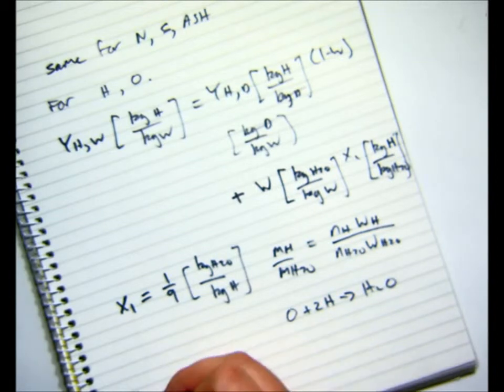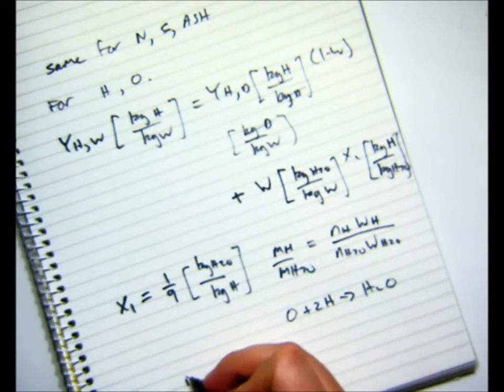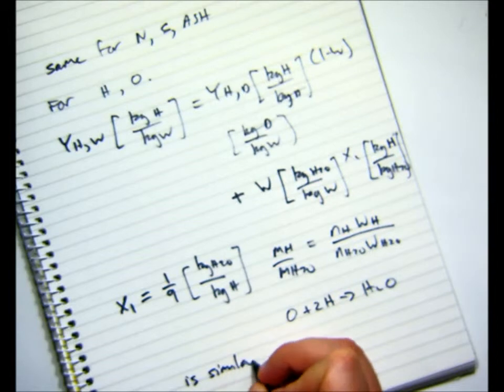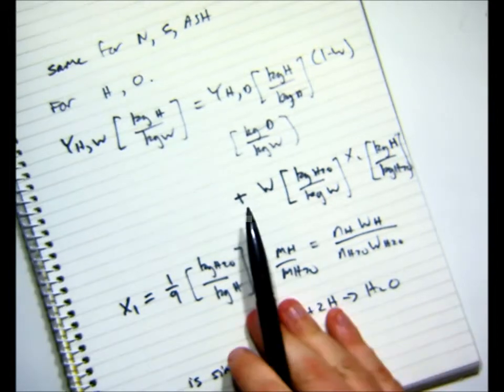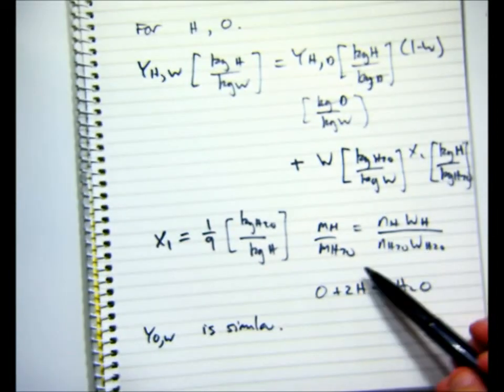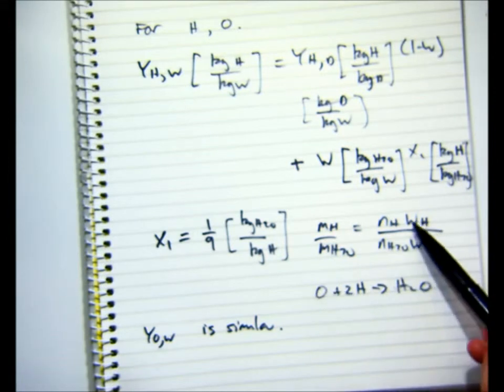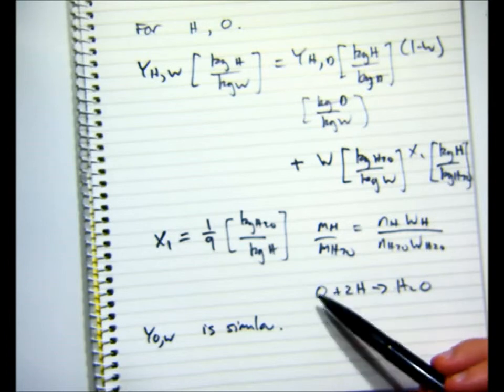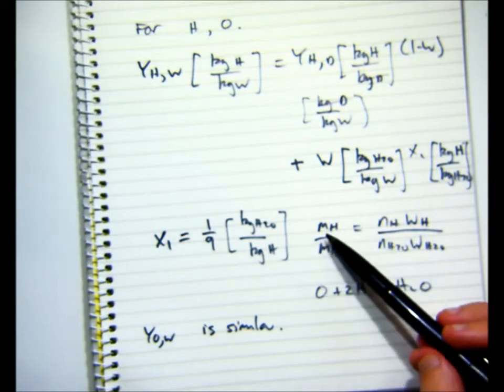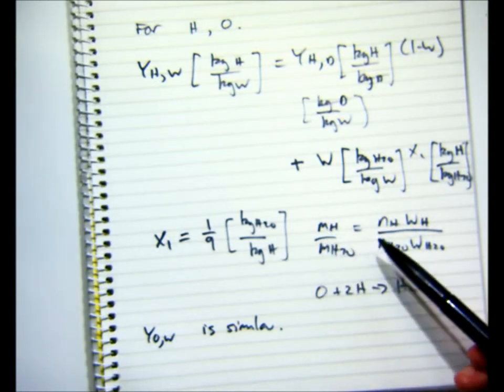So it's very similar for the oxygen component. The only difference here is going to be the mole ratio is 1 to 1 and the molecular weight ratios will be different. But it'll be a similar expression, it'll just be M_O on M_H2O.